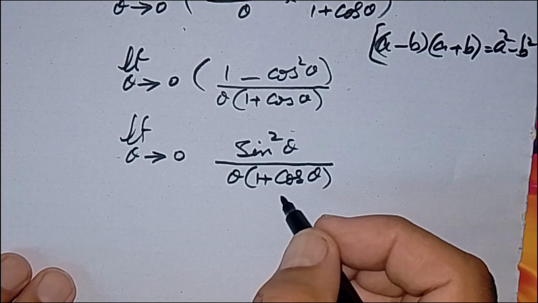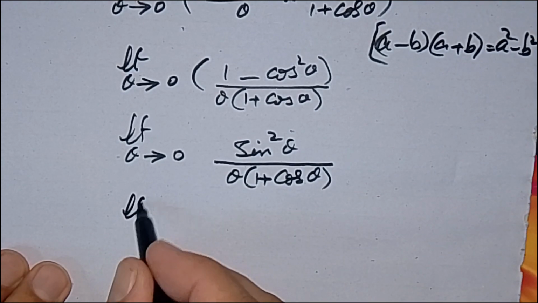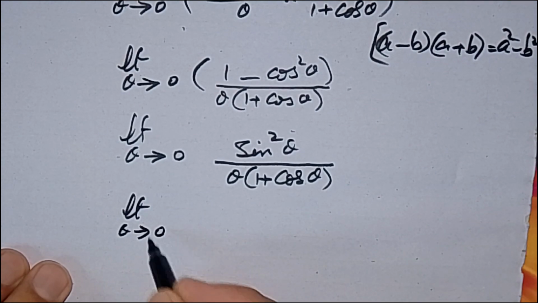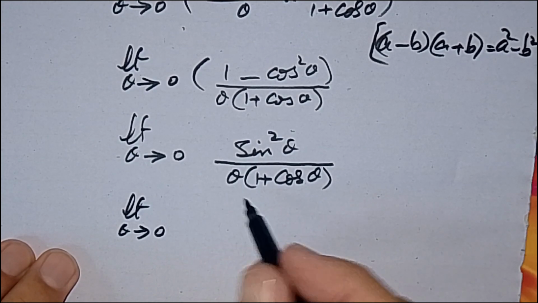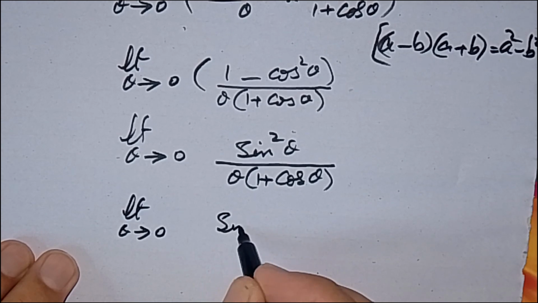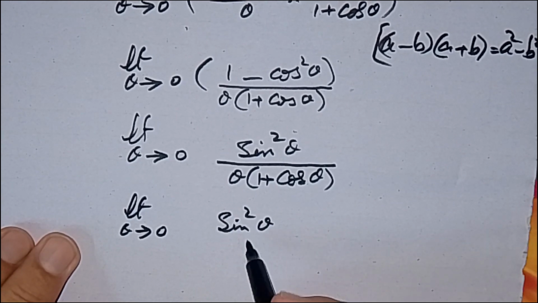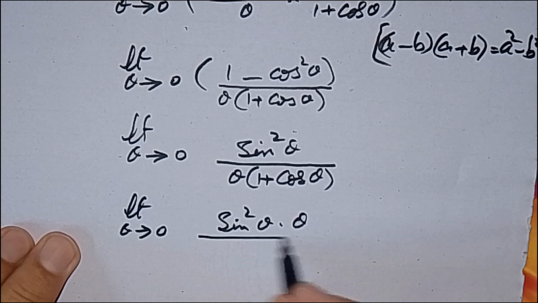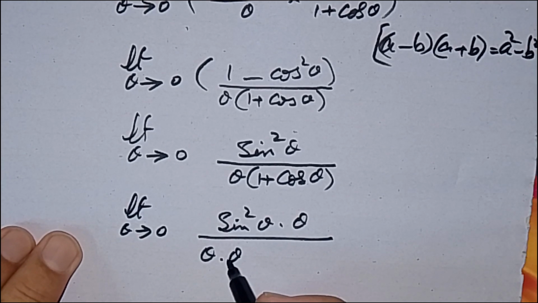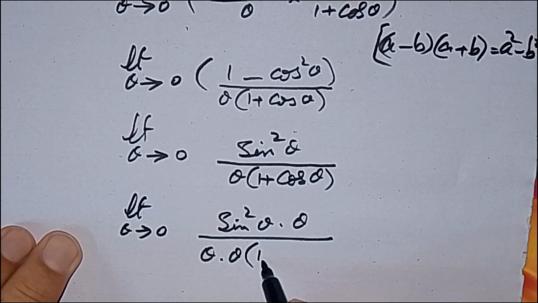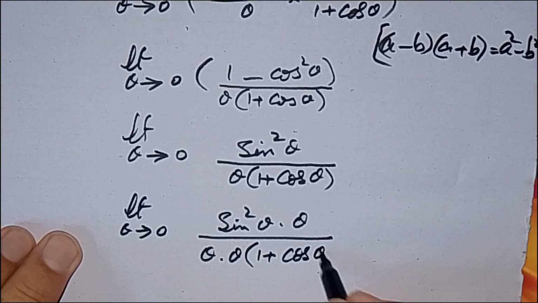Now limit as theta tends to 0 of sine square theta over theta into theta, into (1 plus cos theta).